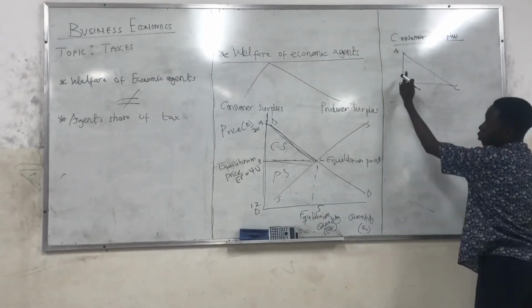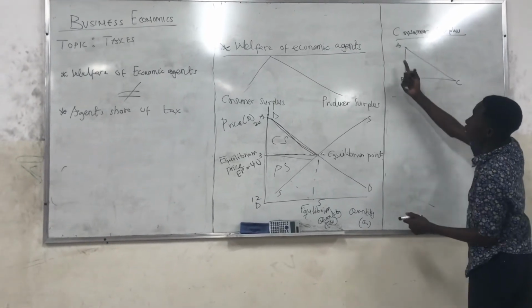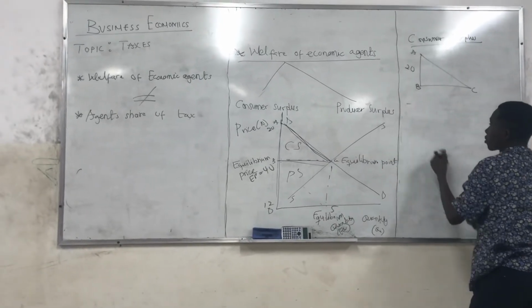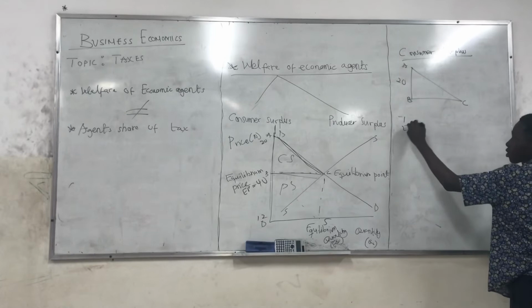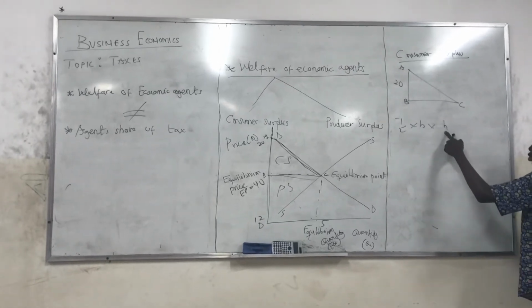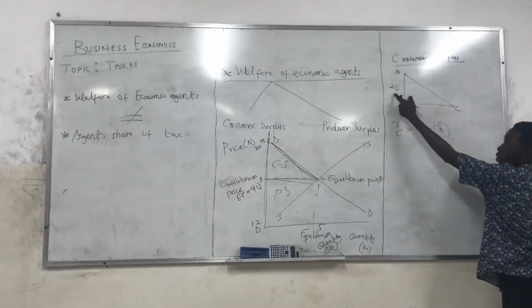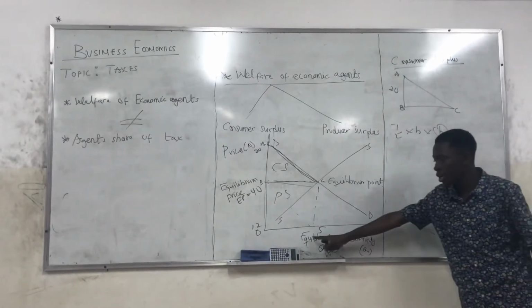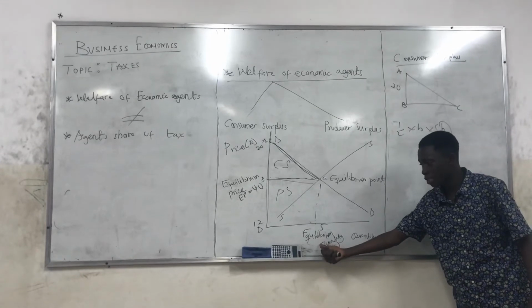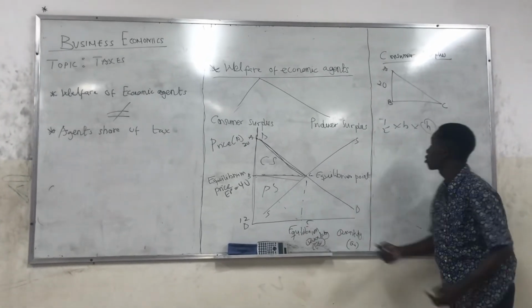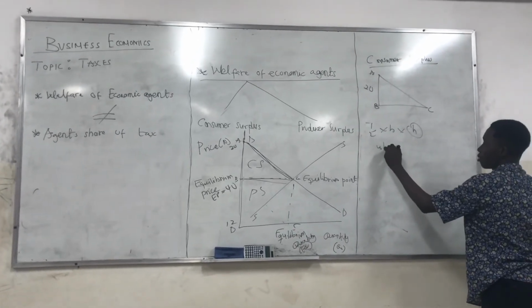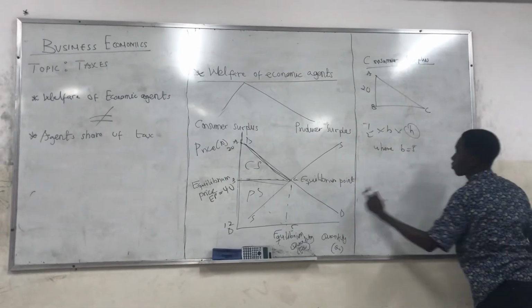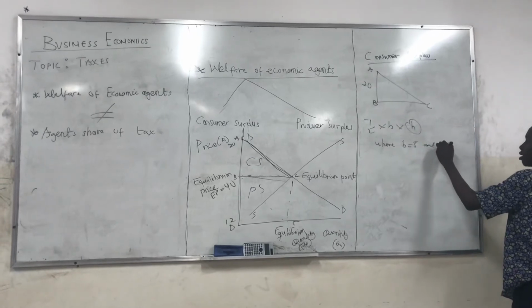ABC. Okay, so we have the height in between A and B to be 20. Are you good? And we know triangle is half times base times height. We have the height to be 20. But we don't have the base. The base is always the initial equilibrium quantity here, which is 5. So where B is 5, H is 20.